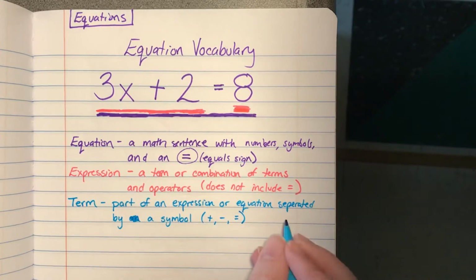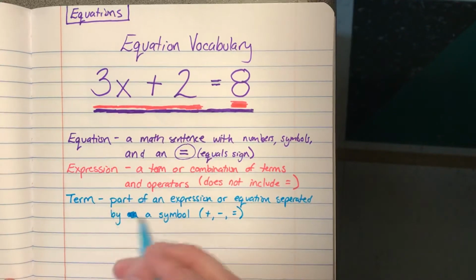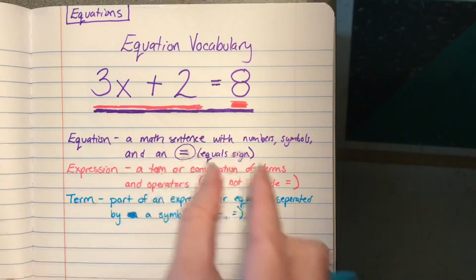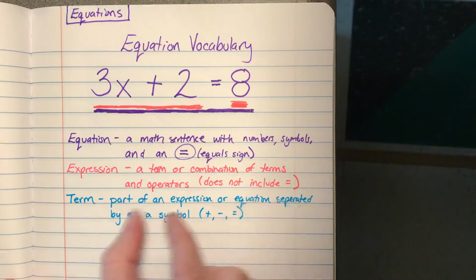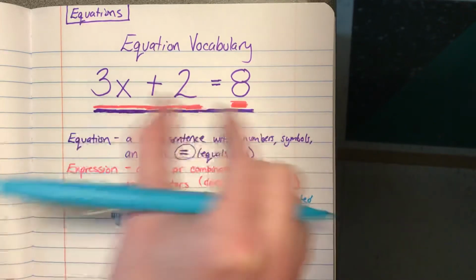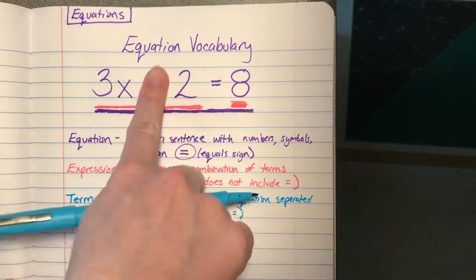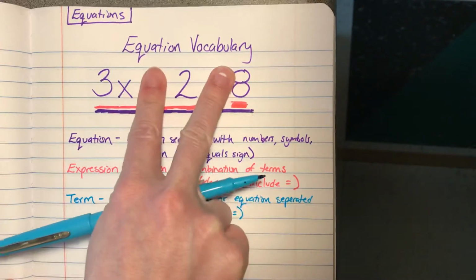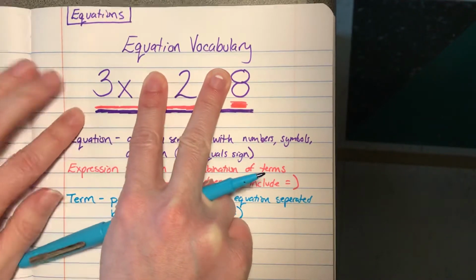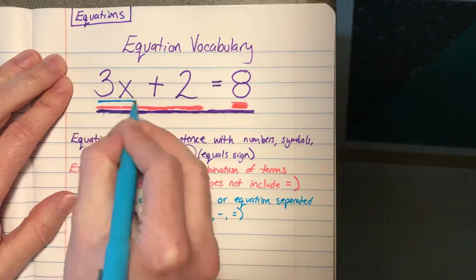All right. So when we're talking about a term, we're talking about a part of the expression or equation. So it's actually all the pieces that make up the expression, separated by either a plus sign, a minus sign, or an equal sign. So basically it's every piece here that is not the plus sign and is not the equal sign. If I cover those things up, these are my terms. So 3 and x together would be a term.